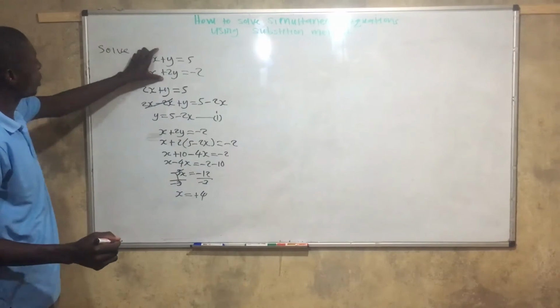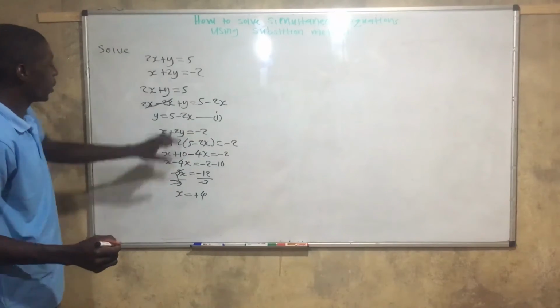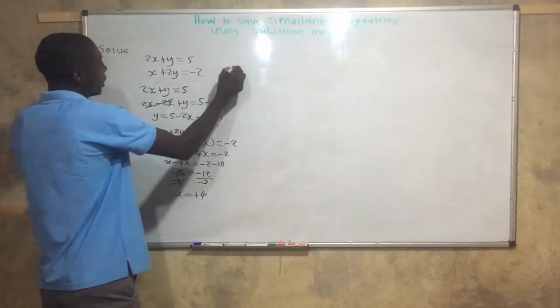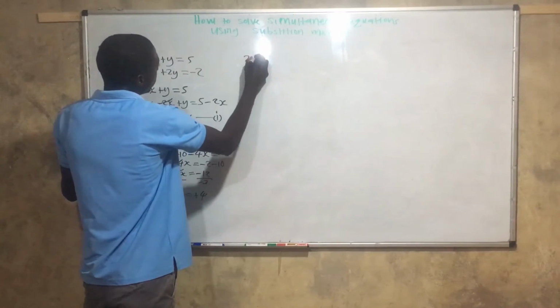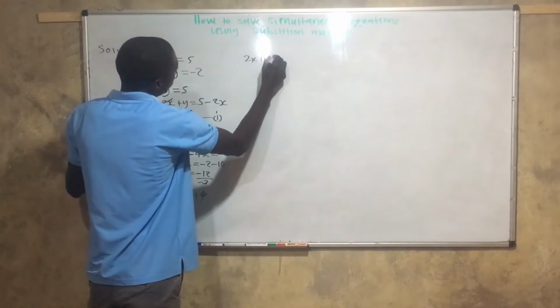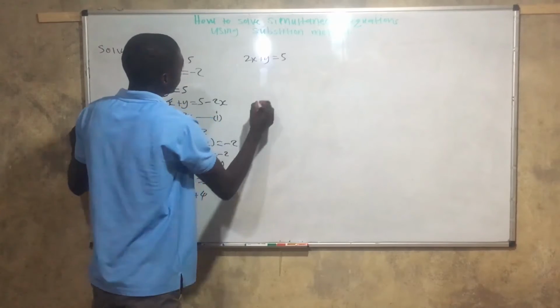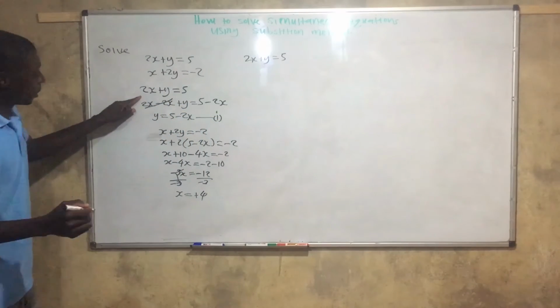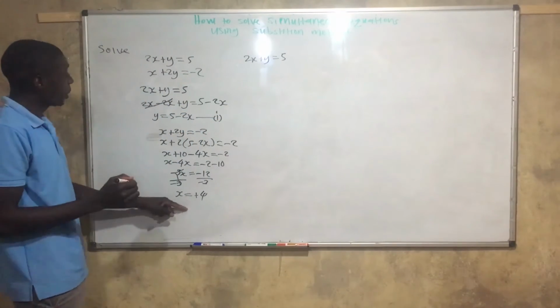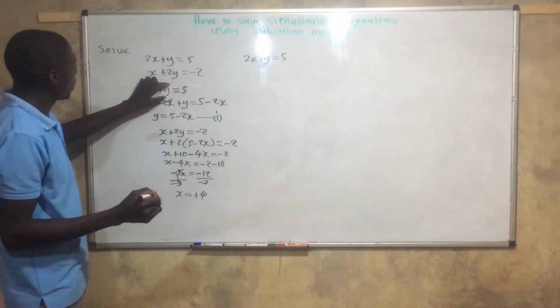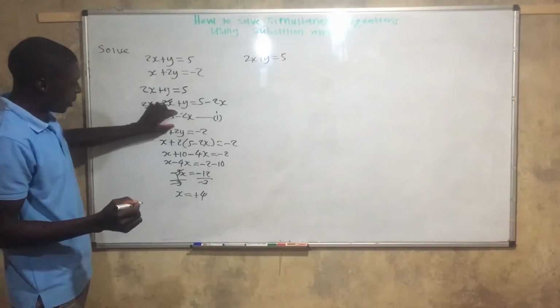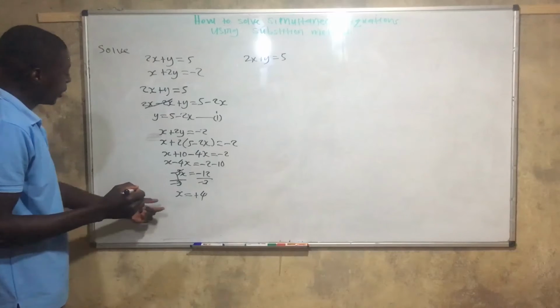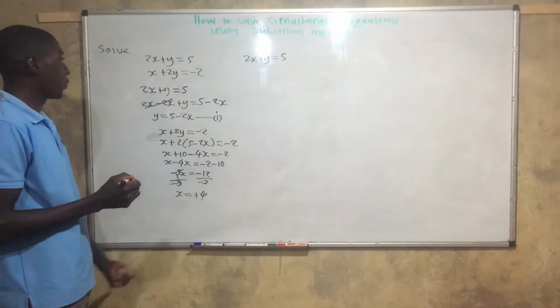Now we go to the original equation and take one of the equations. So we take 2x plus y is equal to 5. If you have solved for a single letter, you can also use the equation where you made y the subject of the formula, then replace where there is x with 4.